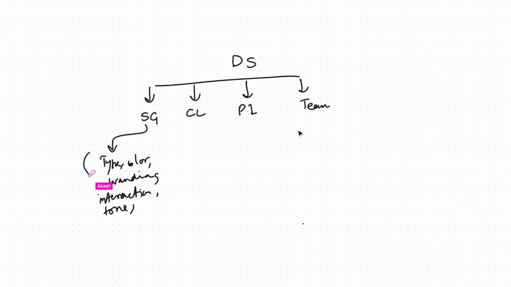Then you have the component library, which is basically your UI element specific. So you have all your UI elements here, which is basically your buttons, text boxes, input fields, check boxes, everything in the UI space will be in your component library. And then you have your pattern library. So in the pattern library, you will have groupings of these compound elements.